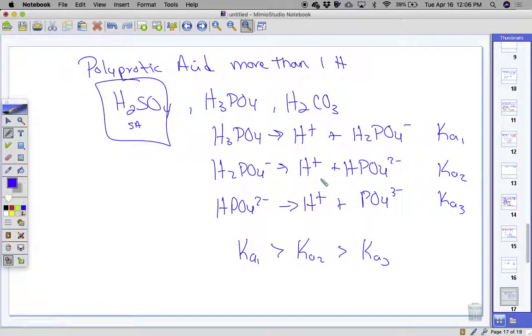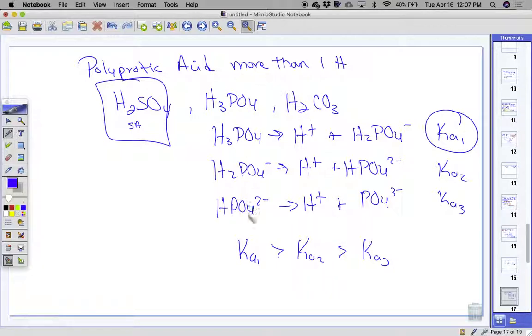Because once there are so many H pluses in the solution, is this thing going to want to shift this way as much? No. So if you have to find the pH of these, you can do it based on Ka1 and basically ignore the shifting for Ka2 and Ka3. We're never going to get buffer questions asking for that kind of accuracy.